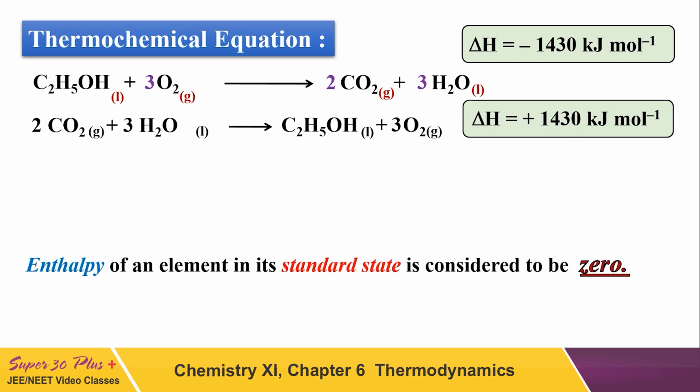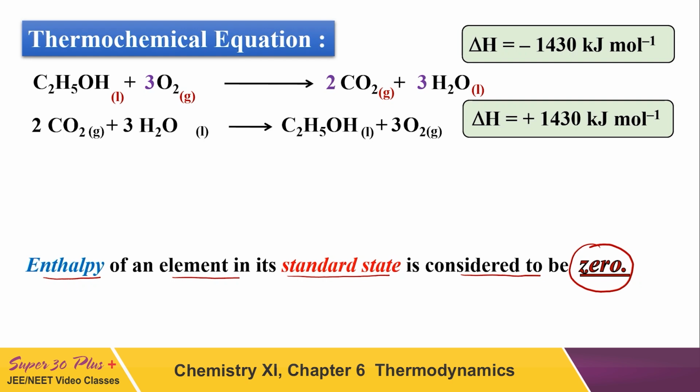Now, according to the concepts of chemical energetics, the enthalpy of an element in the standard state is considered to be 0. Please remember, it is not actually 0, it is considered to be 0.